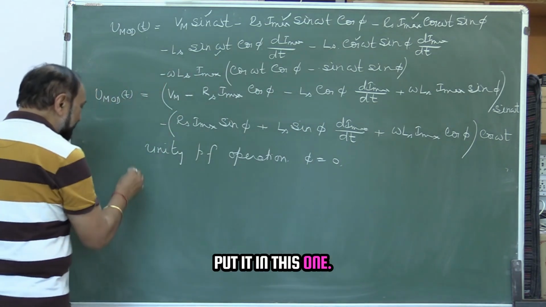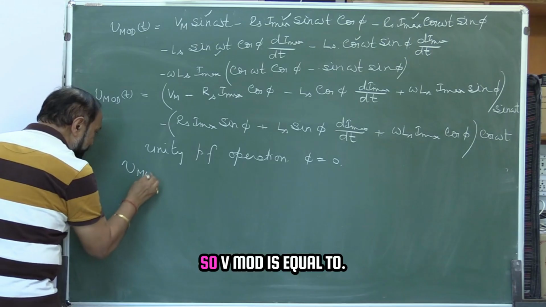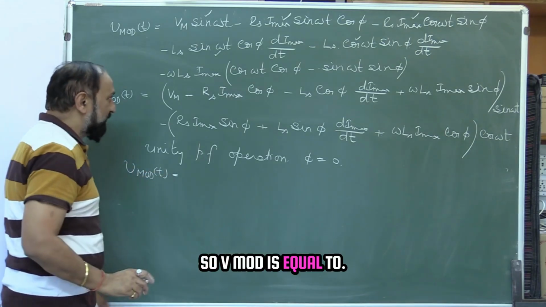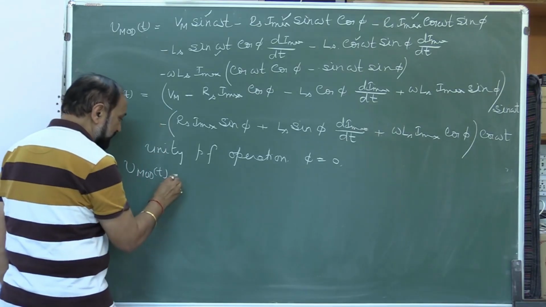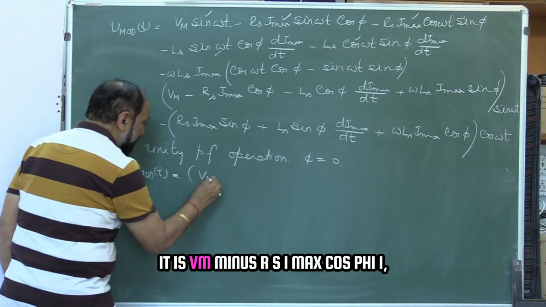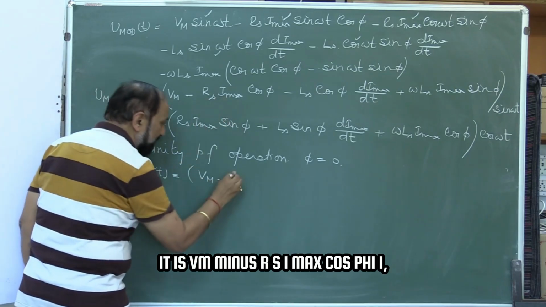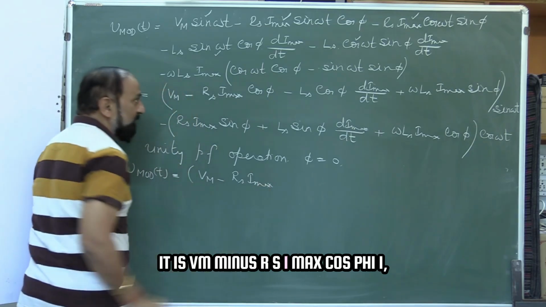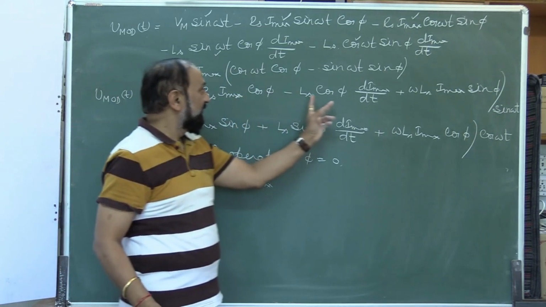Put it in this one. So V mod is equal to Vm minus Rs I max cos phi 1.